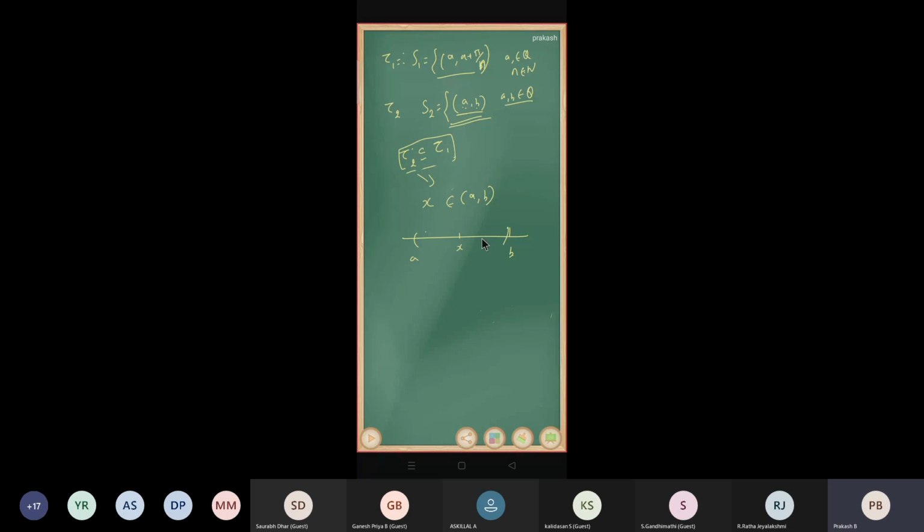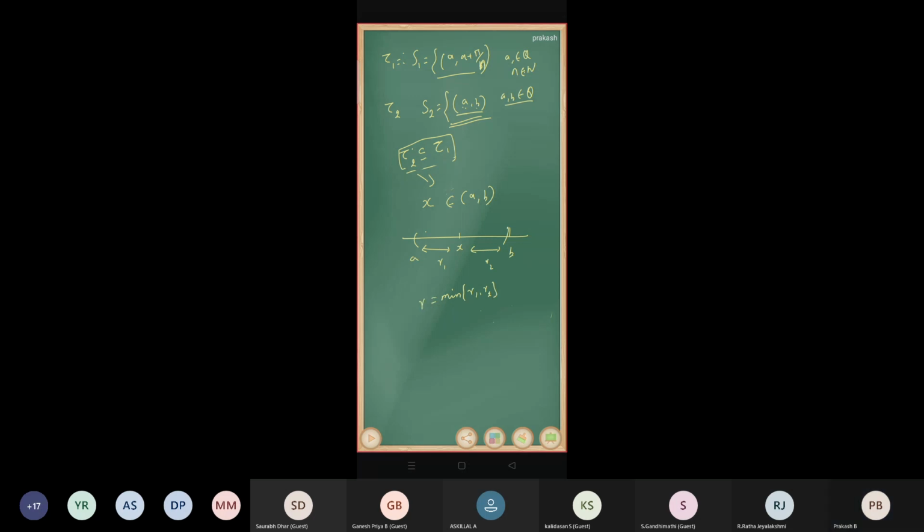So I'm going to find the lengths between a and x and between x and b. I'm going to call them r1 and r2, and take the minimum of r1 and r2, which is called r.